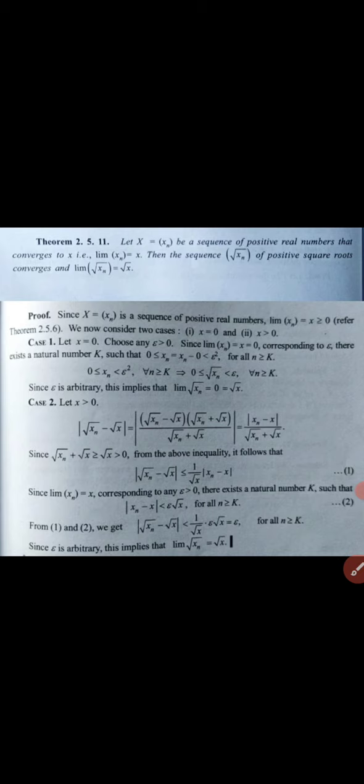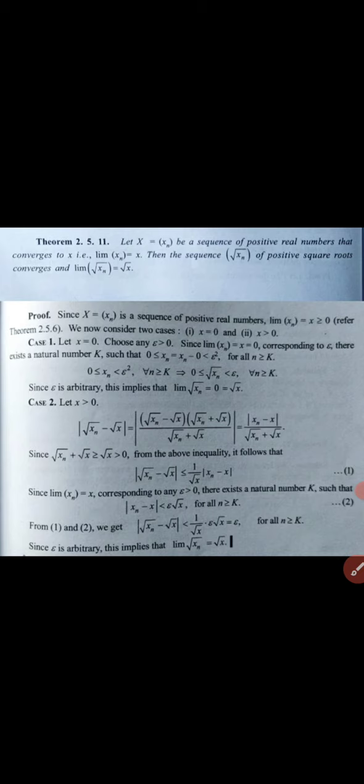Since limit xn is equal to x, corresponding to any epsilon greater than 0, there exists a natural number k such that modulus of xn minus x less than epsilon root x for all n greater than or equal to k.